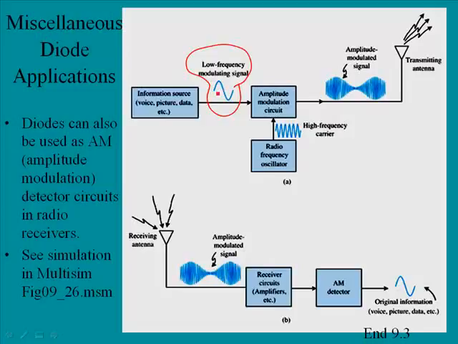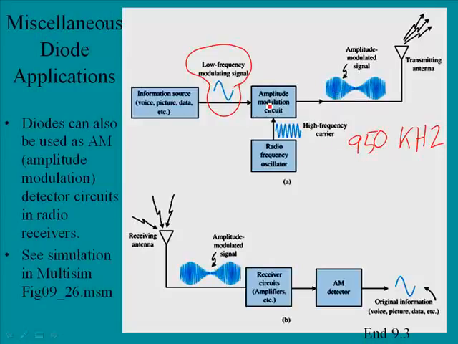Now, in order to send that over the airwaves, we have to mix it with a high frequency carrier, and if it was 950 AM, that'd be 950 kilohertz. So here we would have the high frequency carrier.